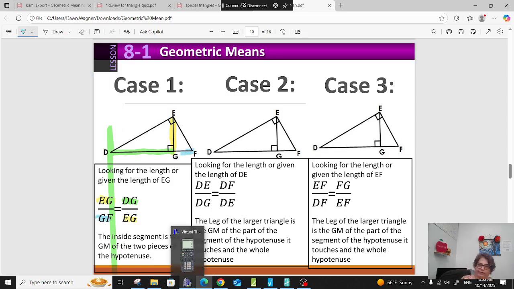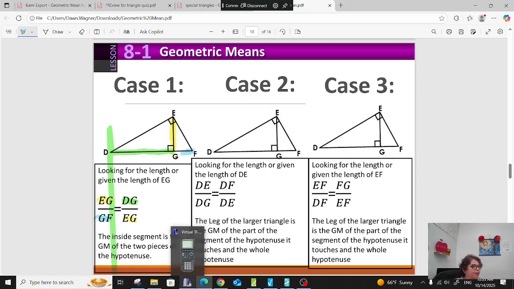Okay, so the hardest part about this is setting up the problem. If I am given EG, or I'm trying to find EG, EG is the geometric mean. Look in the fraction. Do you see EG up and EG down? Yeah. Okay, that's what geometric mean means. Now, DG is part of the hypotenuse, right?